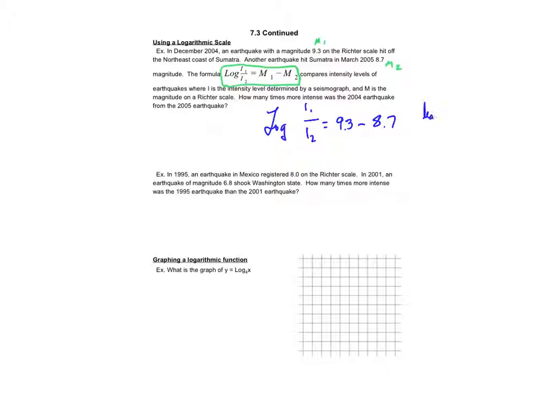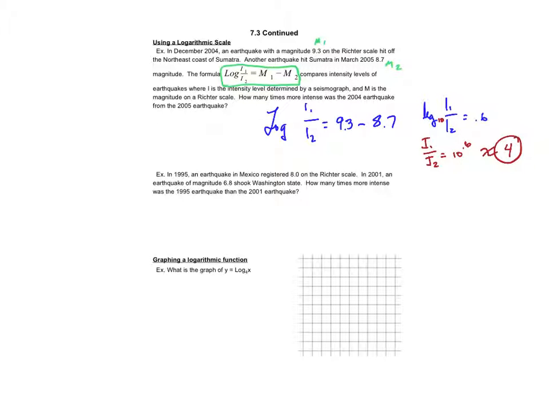So the log of intensity 1 over intensity 2 is going to be equal to 0.6. And something we maybe haven't talked about is the base. The base of a log, if you don't see the base, it's understood to be 10. So now if I were to rewrite this in exponential form, intensity 1 divided by intensity 2 is going to be 10 to the 0.6, which is approximately 4, and that is the intensity level difference.